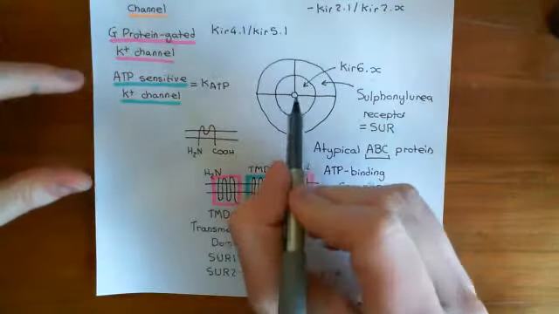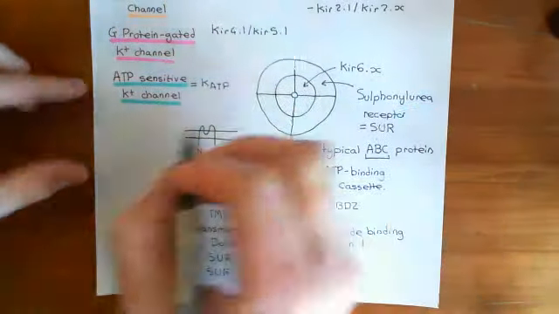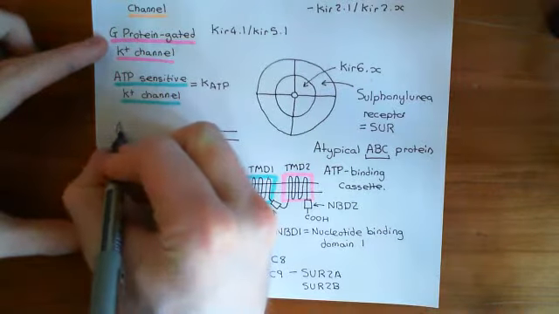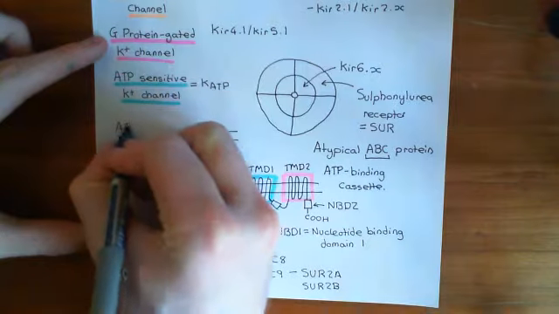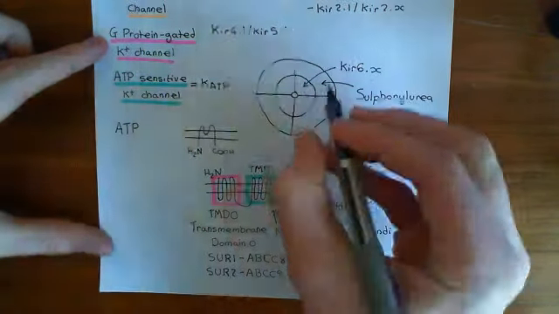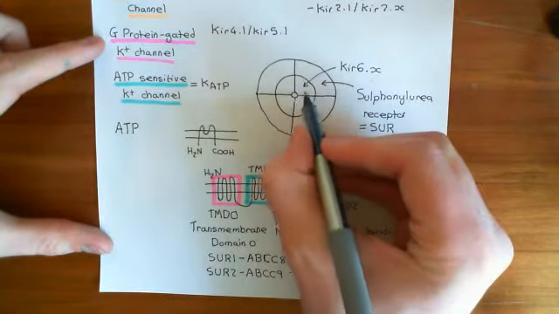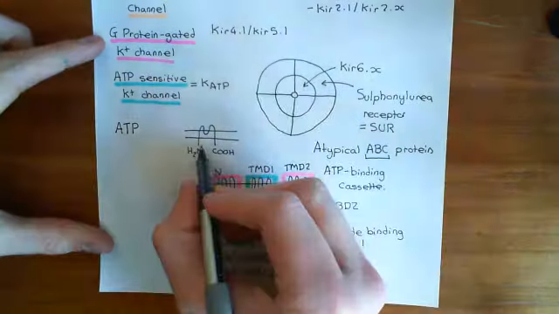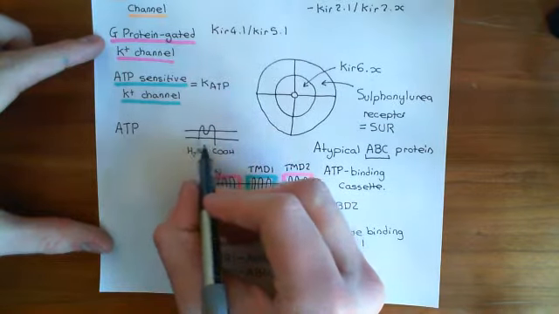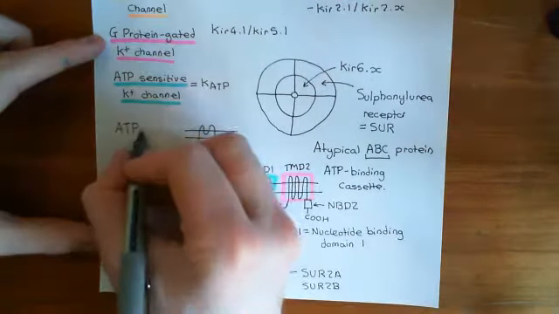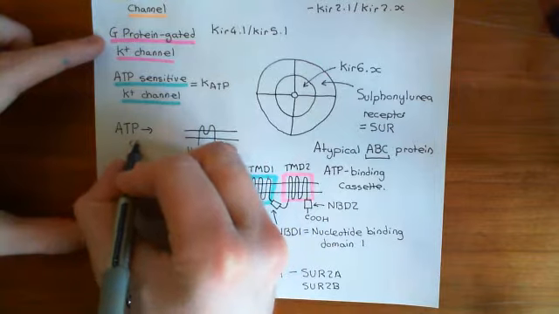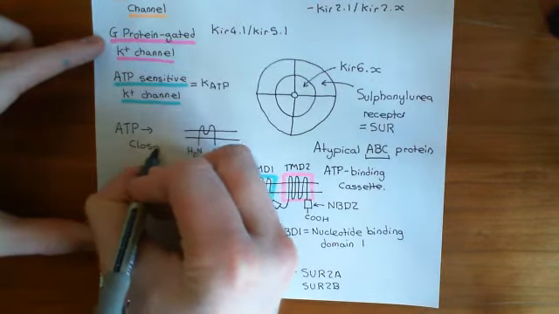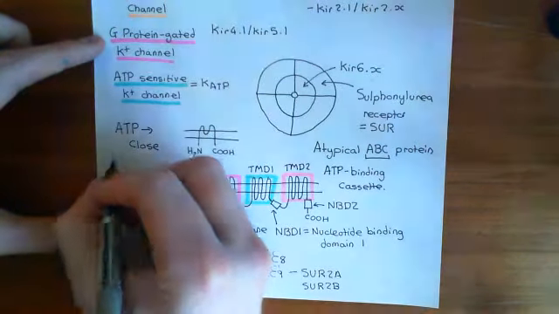So basically, ATP is going to bind directly to the inward rectifying potassium channel subunits. So ATP within the cytoplasm of the cell will bind to the cytoplasmic domains of these inwardly rectifying potassium channel subunits and causes the channel to close, basically. So it promotes the channel being closed.